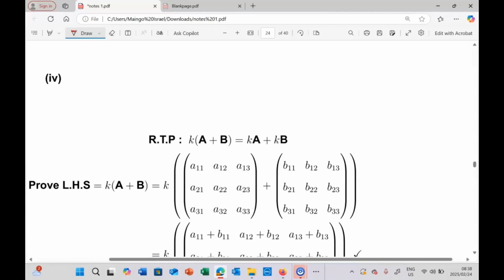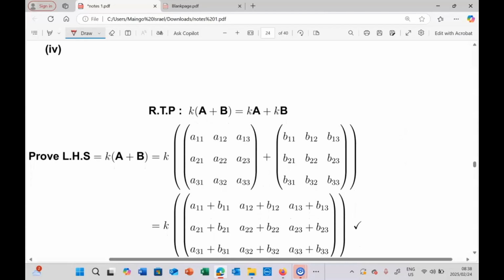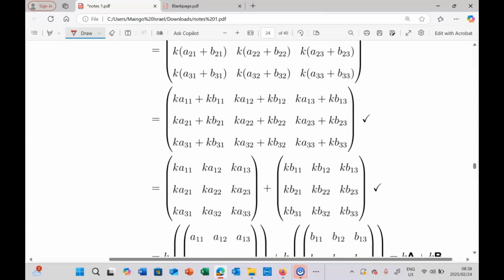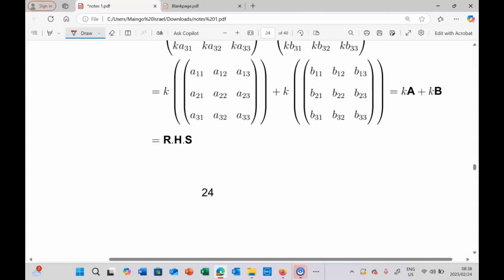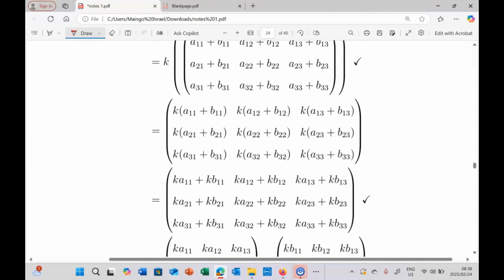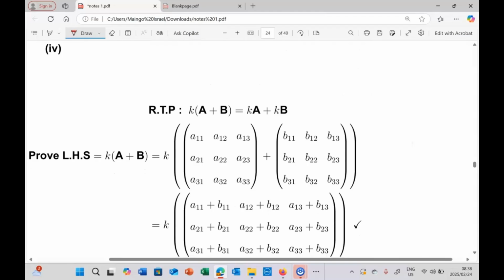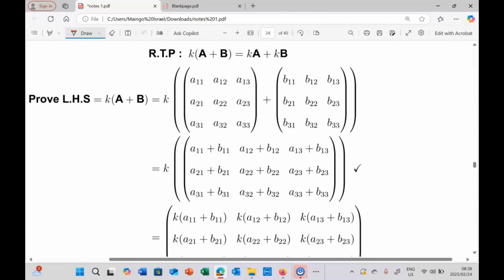Here we're required to prove the distributive property. It's an obvious case. It's very long but very simple, not that complicated. So now we're required to prove that k times (A plus B) is equal to kA plus kB.